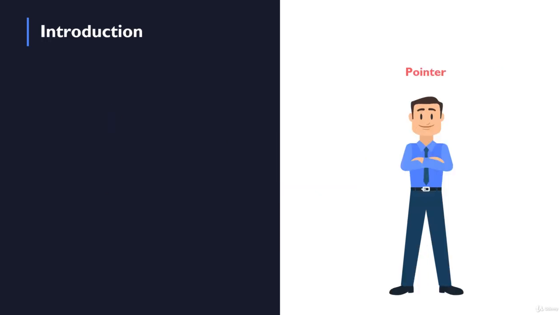Just a quick reminder, a standard variable, for example int, double, char, and so on, is basically used to store some standard value. We may use int to store integers, char to store characters, and you get the idea.